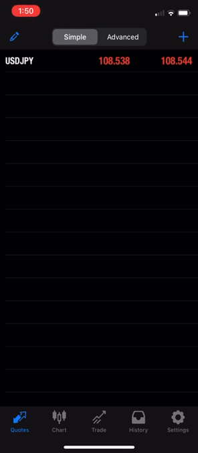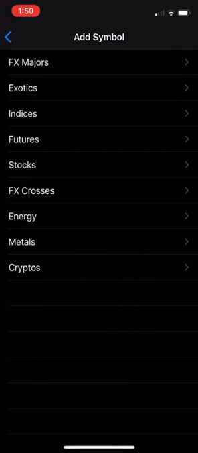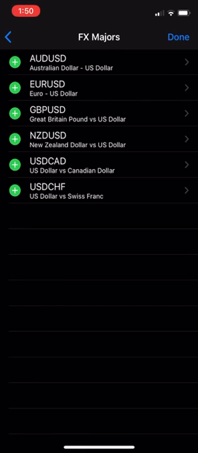If you see the plus sign in the top right corner, we're going to click on that. At the very top you see FX majors, and in the middle you'll see FX crosses. We'll go to majors first. These are the major pairs that most people trade.